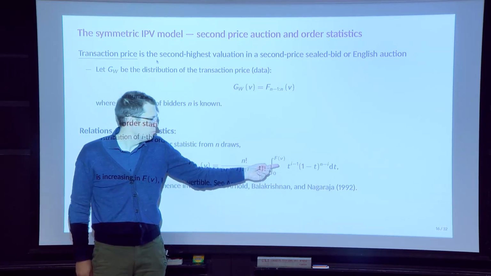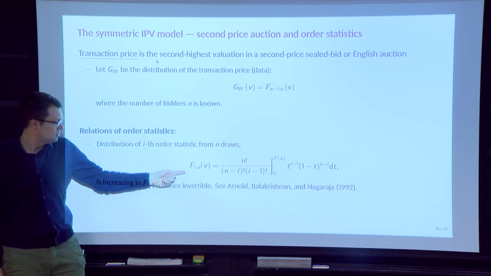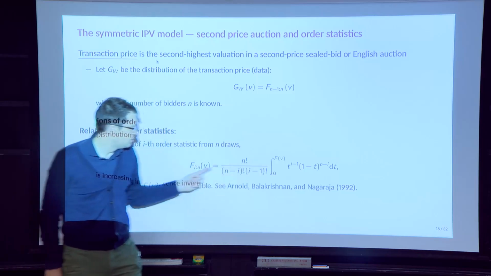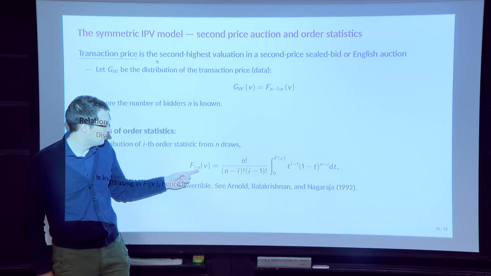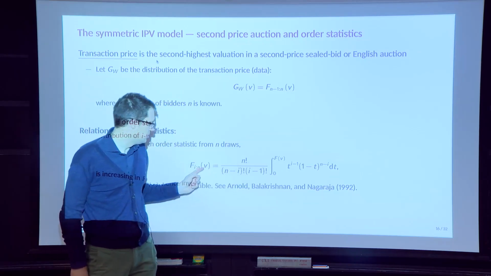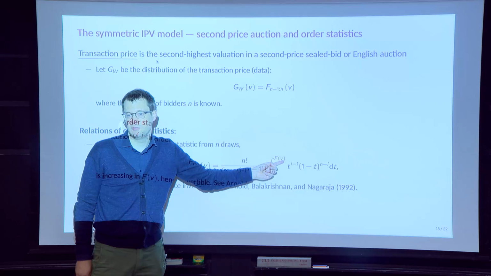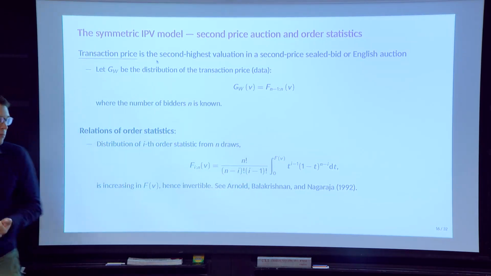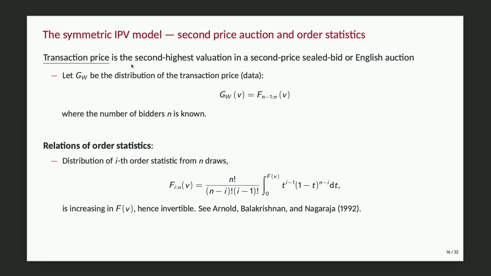So that means I can pointwise invert this. I know this pointwise, and so for every point in the support, I can map this to an underlying f of v. What this shows is that even though we do not observe all the bits, we can still make progress. And what this also means is that any order statistic identifies any other order statistic.